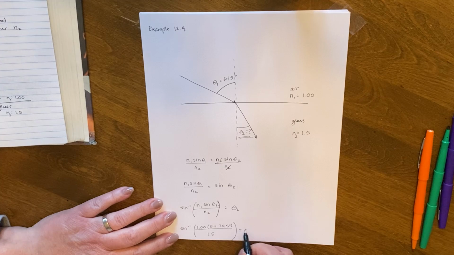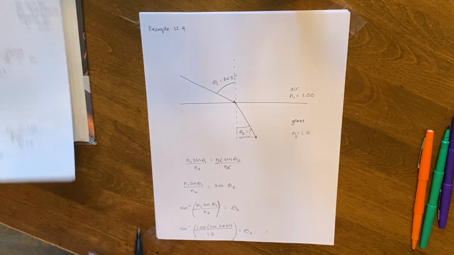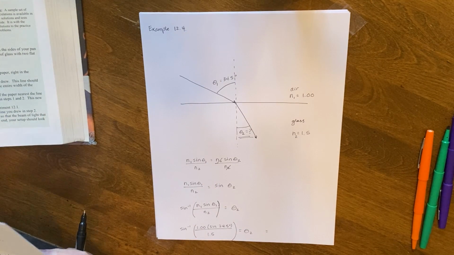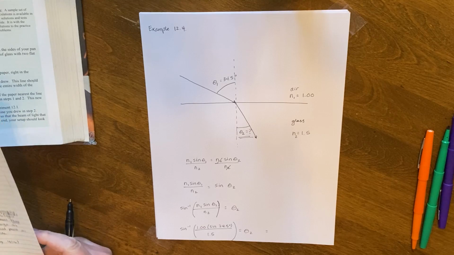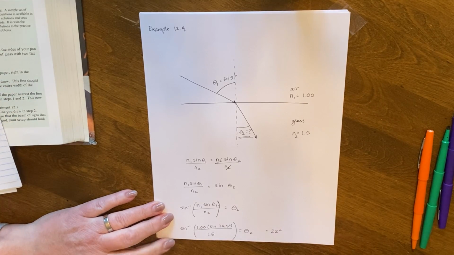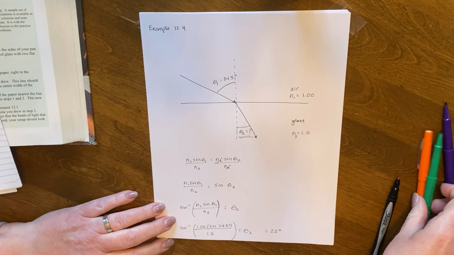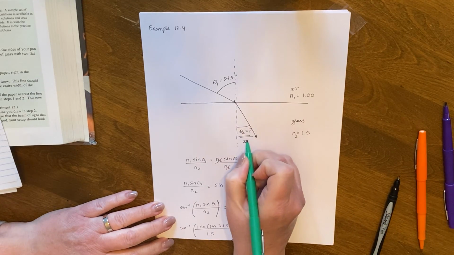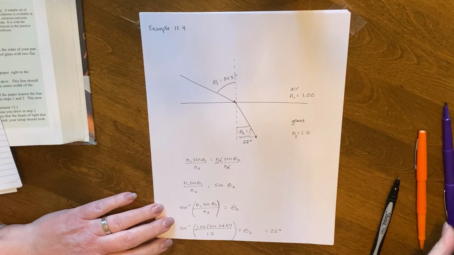The inverse sine of that equals theta 2. And if you do all that math out, theta 2 is equal to 22 degrees. Okay, so we've just determined that this angle here then is 22 degrees.